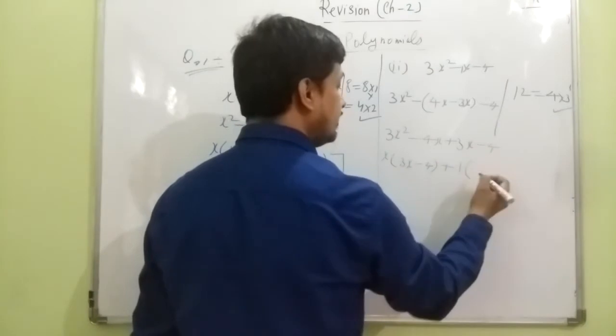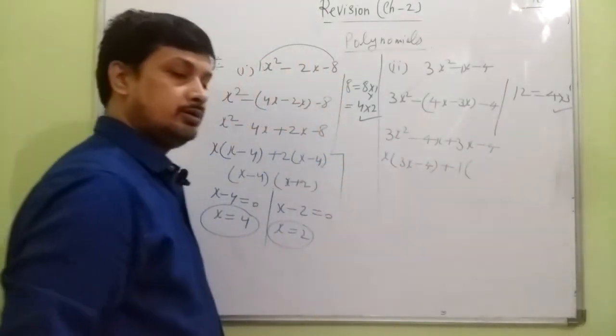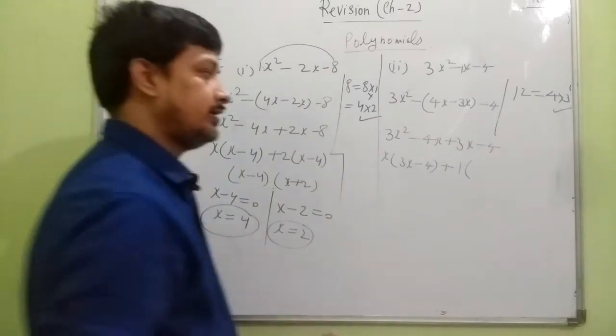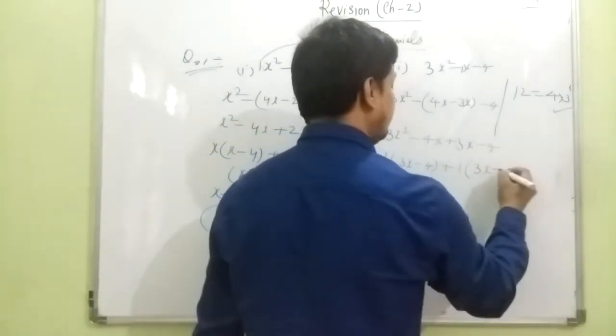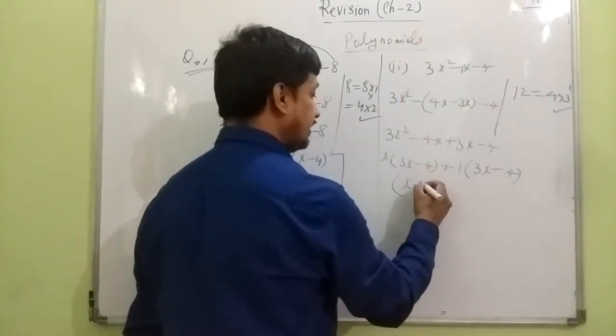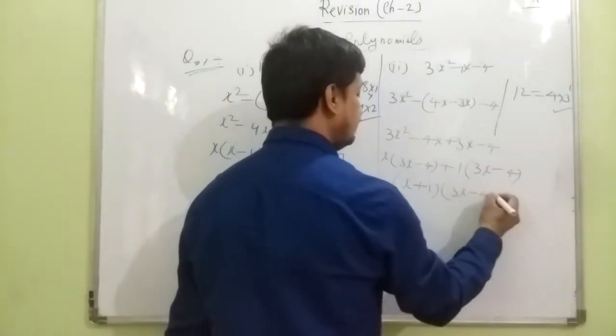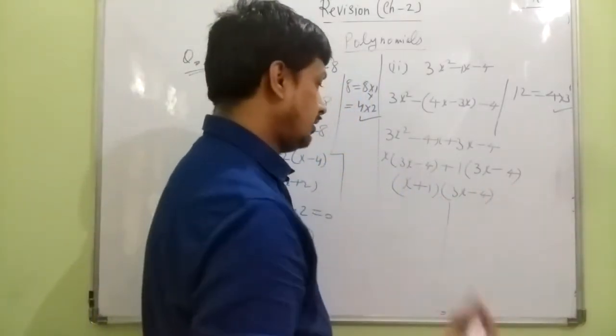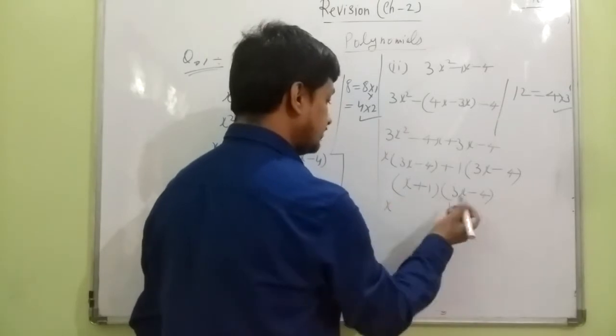And now take 1 as common, because no other factor can be taken as common, and 1 is the factor of every number. So we can take 1 as common to give this. In one bracket we can write x plus 1 and in the other bracket we write 3x minus 4. So the required factors are these.